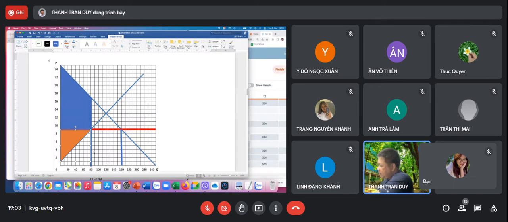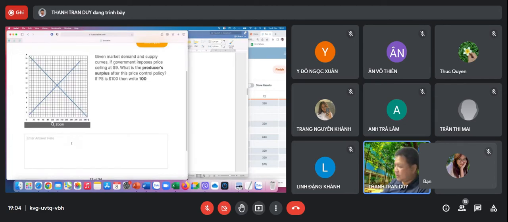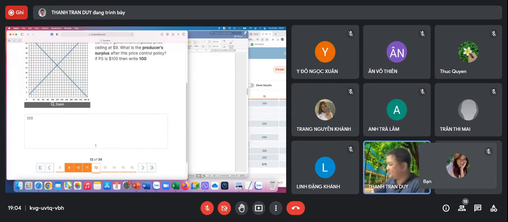Many people forget to divide by 2, right? So the best answer will be 320. Is it okay? It seems very easy, right?